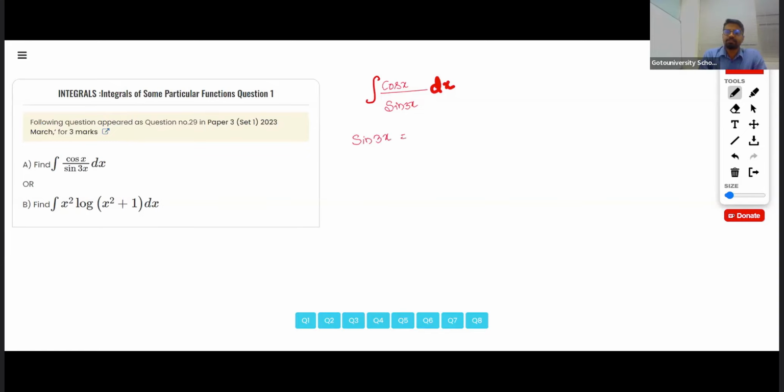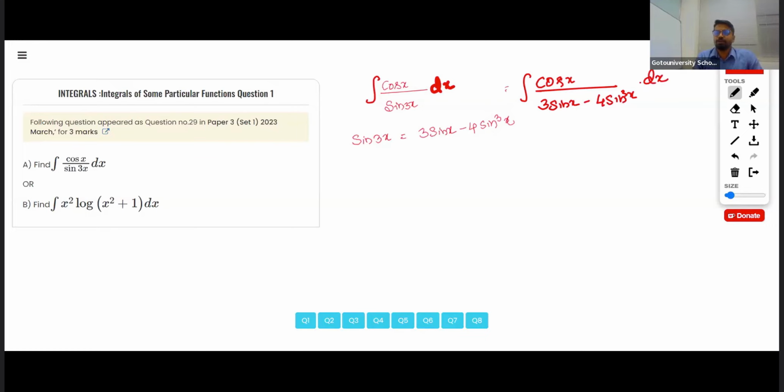Sine 3x is 3 sine x minus 4 sine cube x. Okay, so our problem changes to cos x divided by 3 sine x minus 4 sine cube x dx.